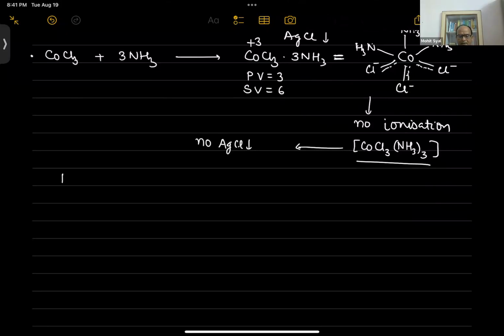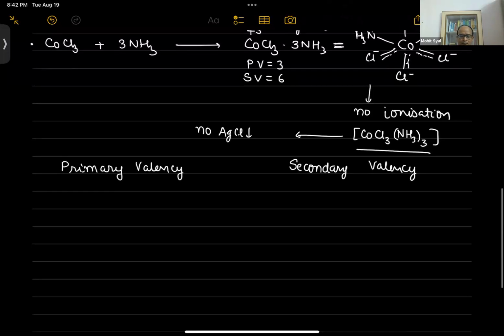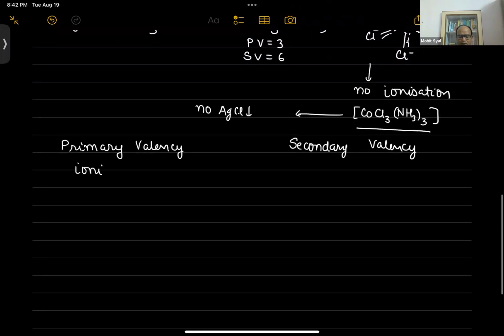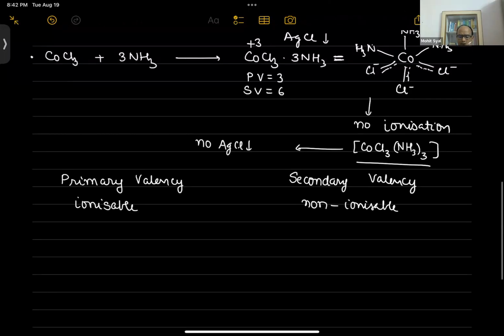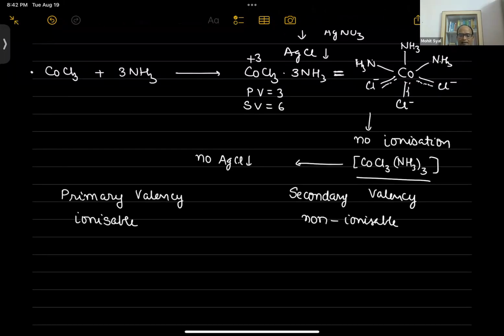So let me summarize. Why couldn't the three Cl minus come out in the above example?